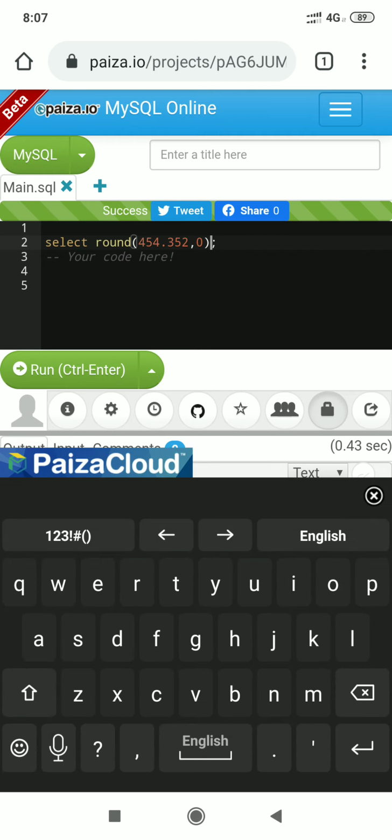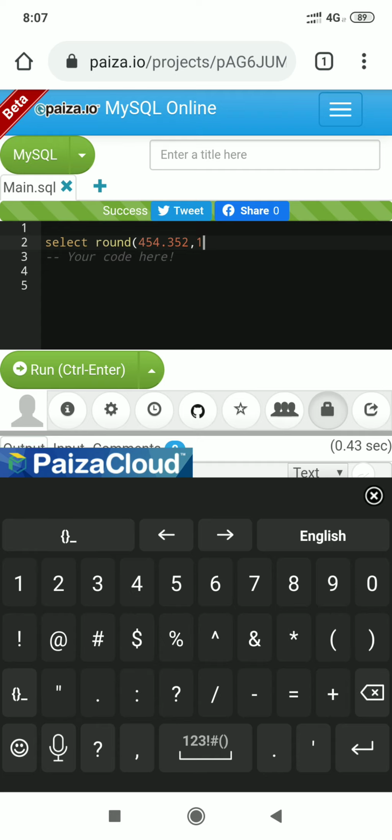Now we perform the operation at one decimal place. Now students, think yourself: at one decimal place its value is 3 and its right side value is 5.